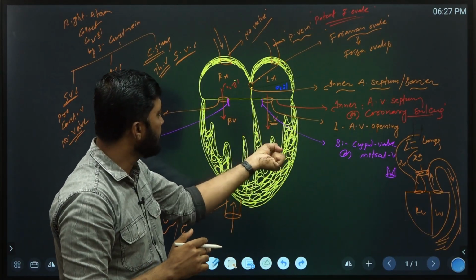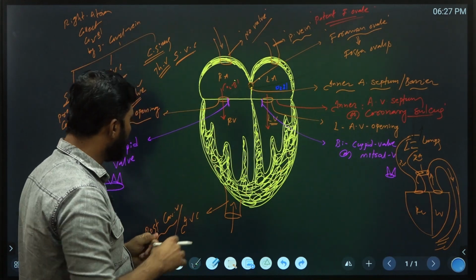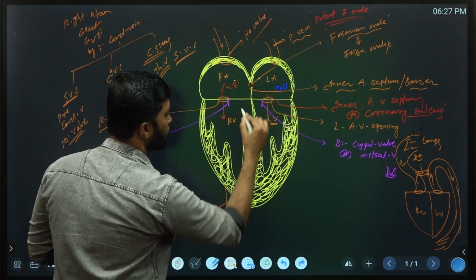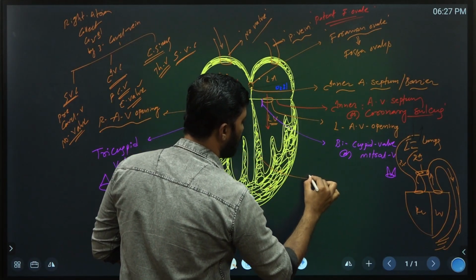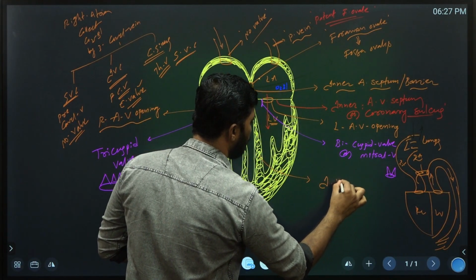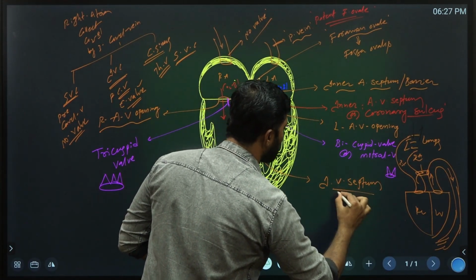Hence it maintains a thicker wall structure than the right. Next, the ventricles are also separated by the interventricular septum, or barrier.